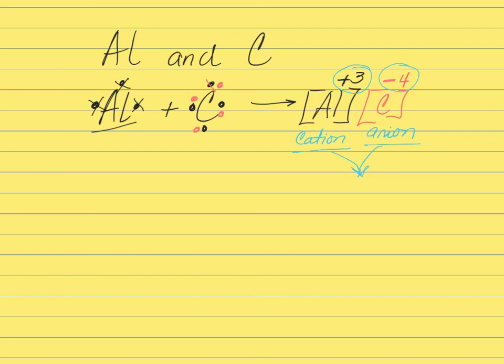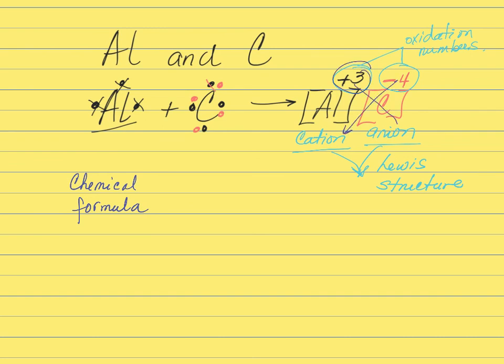And what you have here in front of you is the Lewis structure for an ionic compound. And over here you have the oxidation numbers. Why are the oxidation numbers so important? Because those are the ones that you're going to use to write your chemical formula. You go from the oxidation numbers all the way through the subscript.